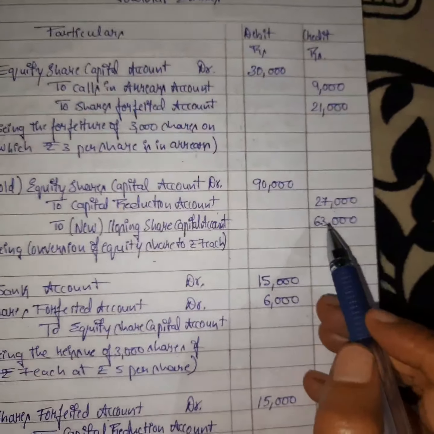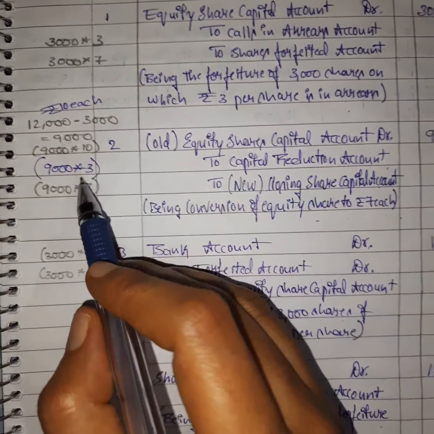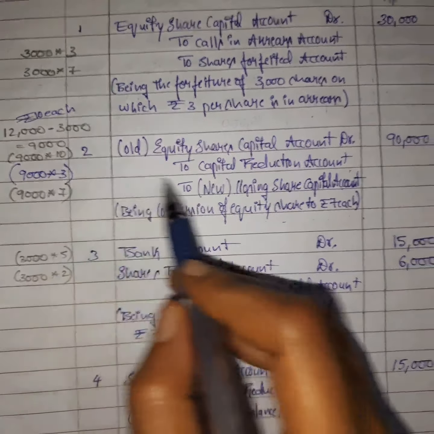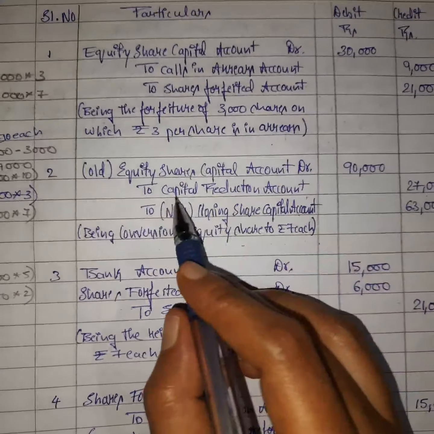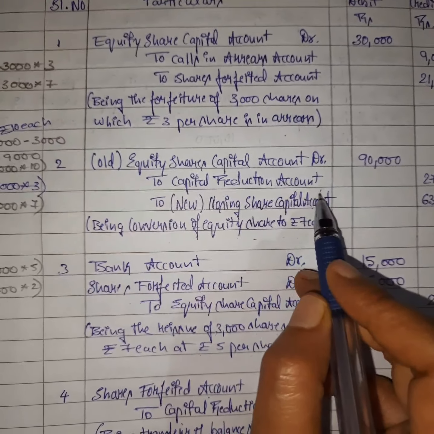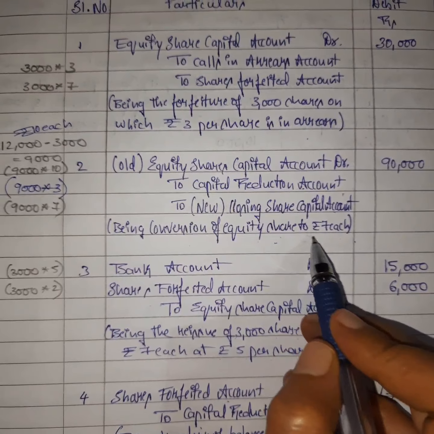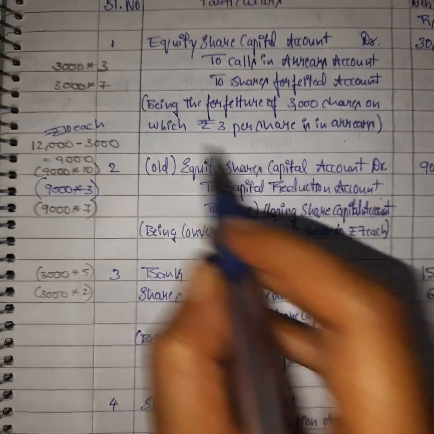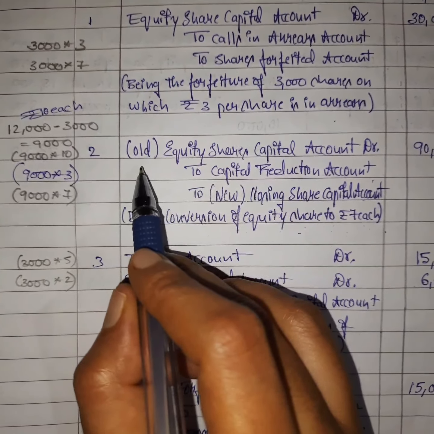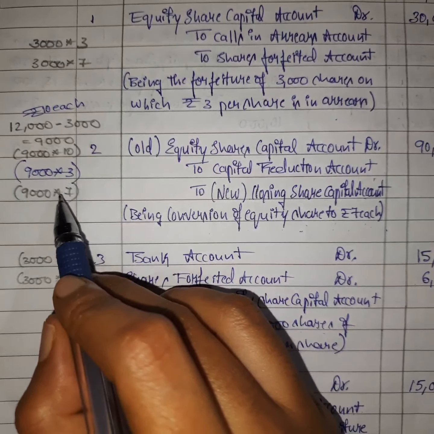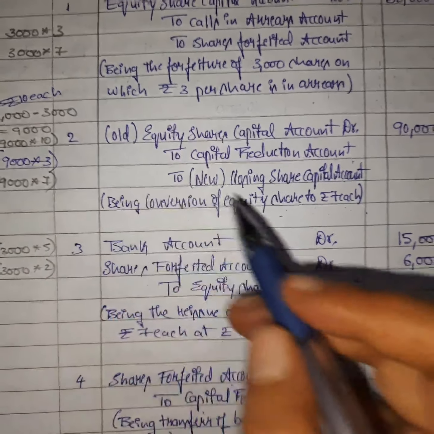So amount in the credit side you will be mentioning 63,000. So coming to here, 9,000 into 3, so you will be mentioning 27,000 in the credit side to capital reduction account. Being conversion of equity share to rupees 7 each. Before it was 10, but currently 3 rupees has been reduced. So now it is rupees 7 per share each.